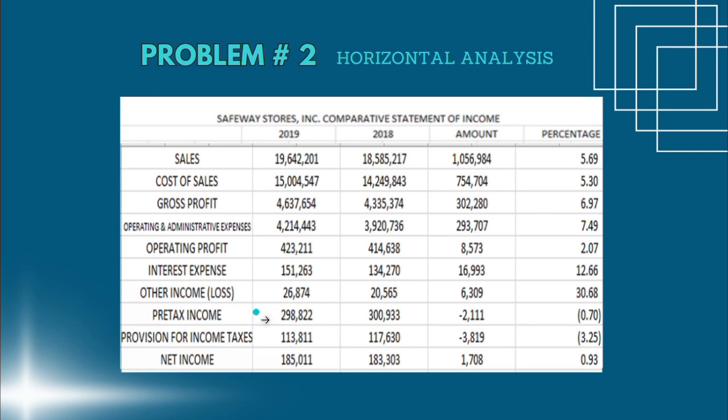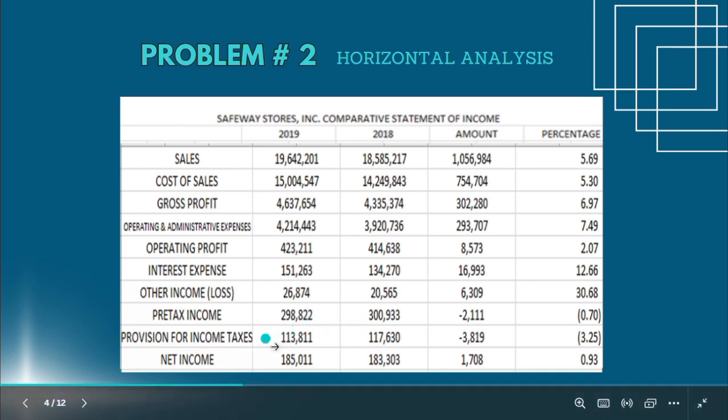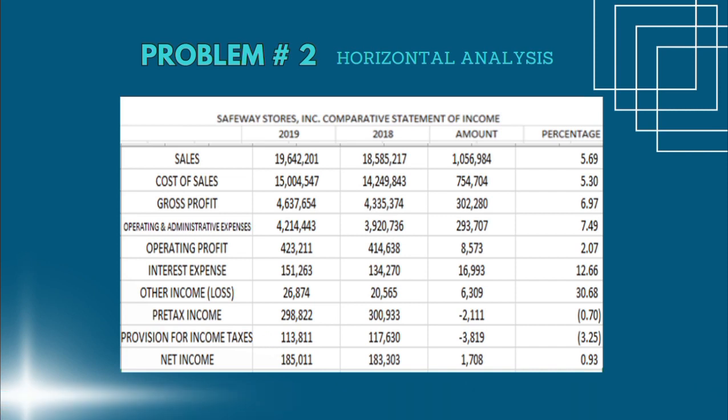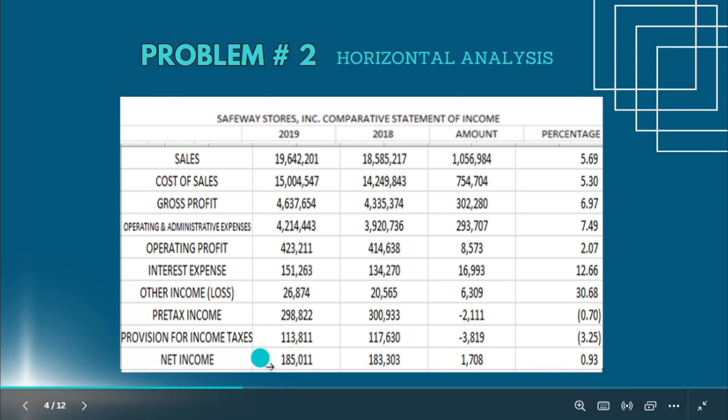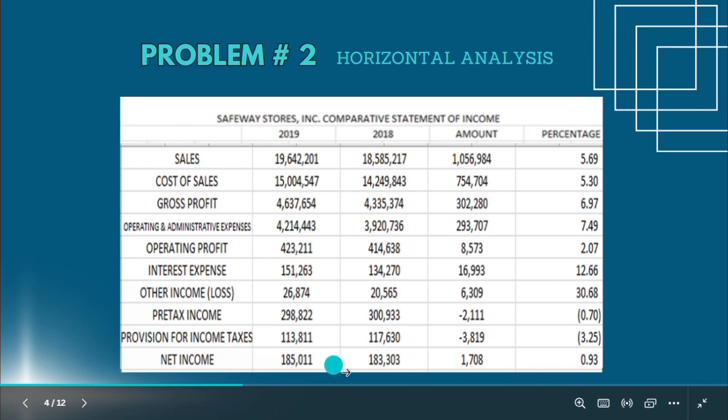They have 298,822 pre-tax income in 2019 and 300,933 in 2018. They have 113,811 provision for income taxes in 2019 and 117,630 in 2018. They have 185,011 net income in 2019 and 183,303 net income in 2018.